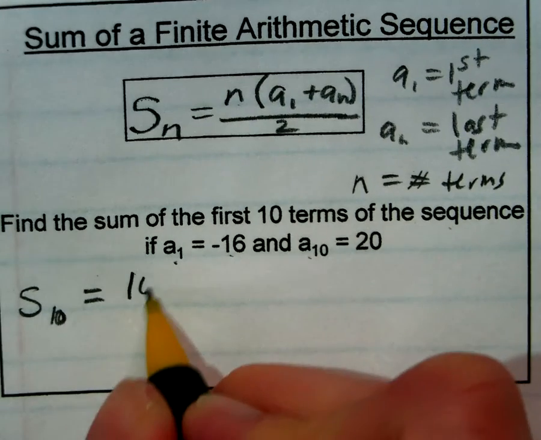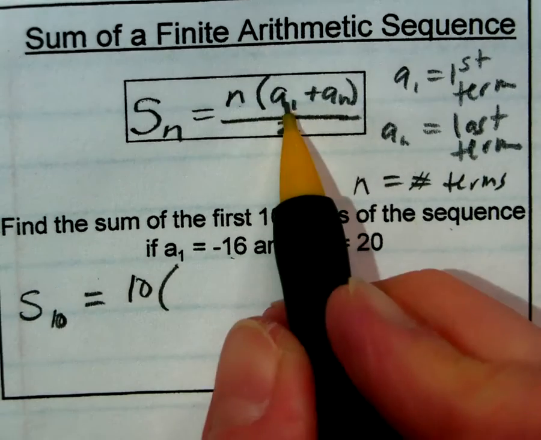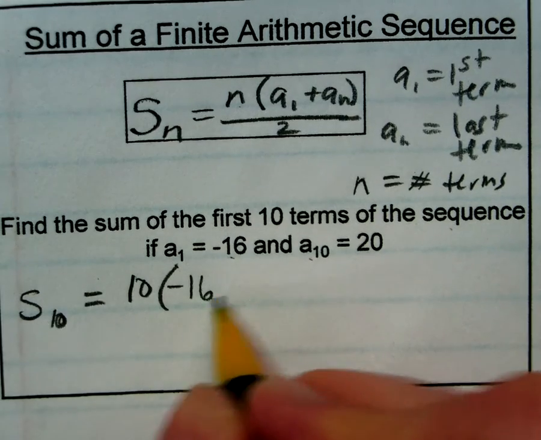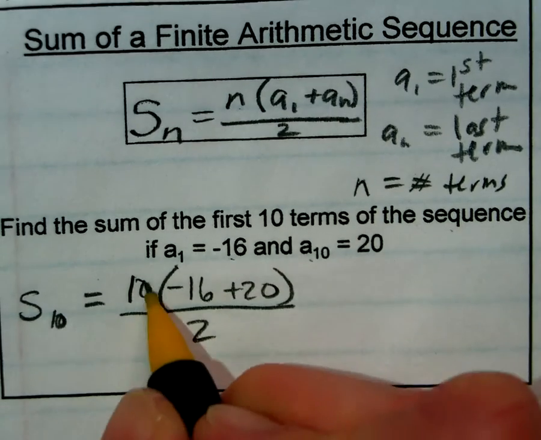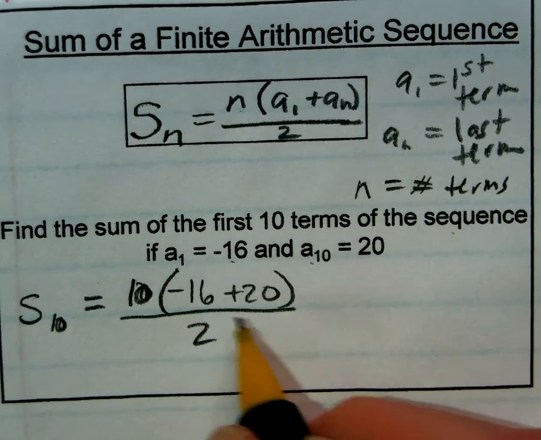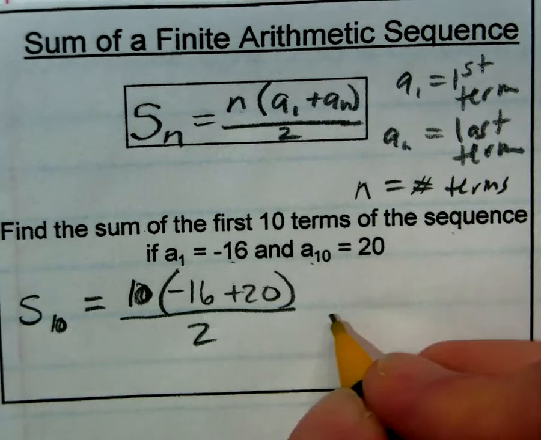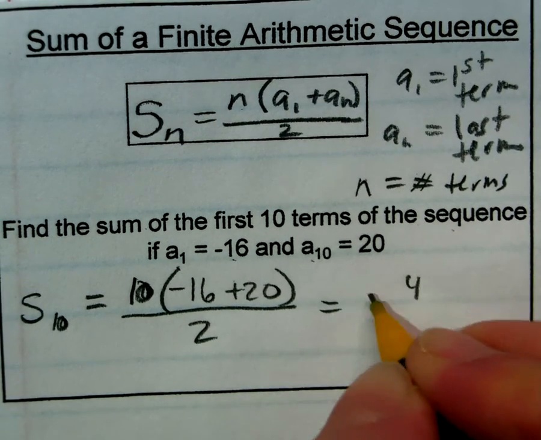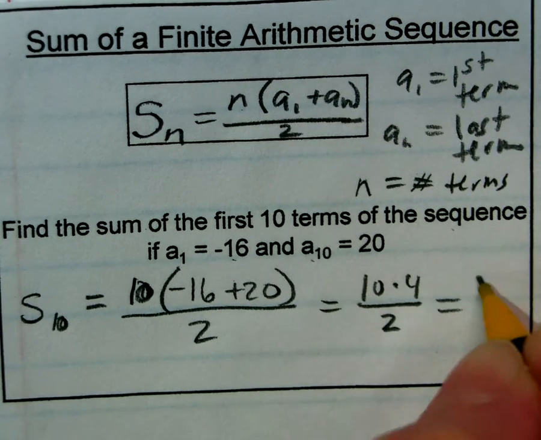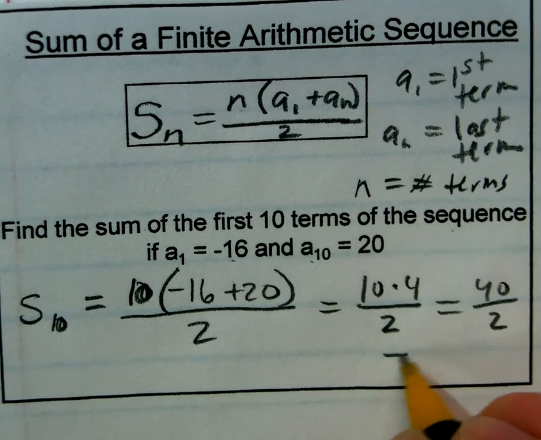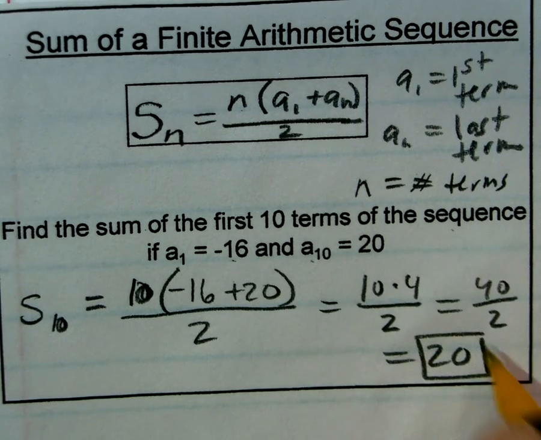First term plus last term, so negative 16 plus 20, and then divide it all by 2. So we do the parentheses first. Negative 16 plus 20 is 4. So I'm going to have 10 times 4 divided by 2, just 40 divided by 2, which is 20.